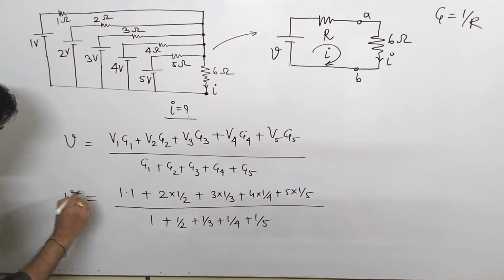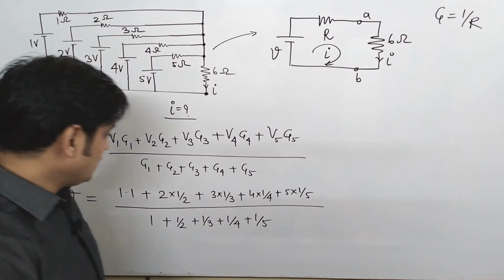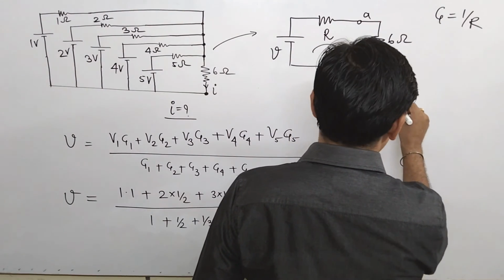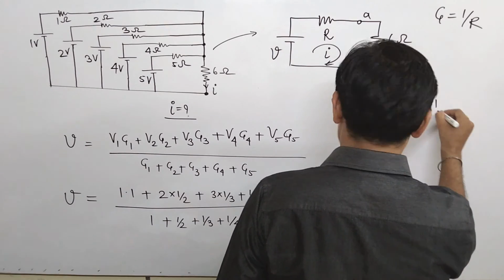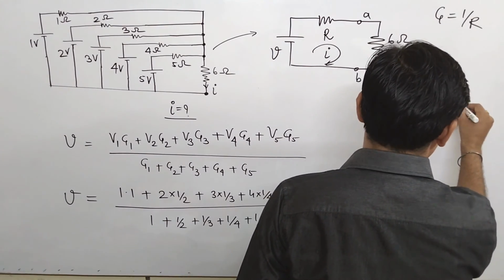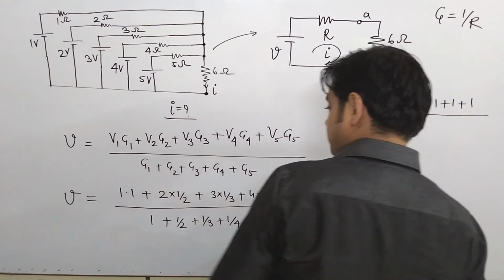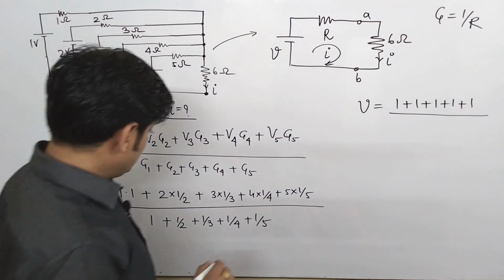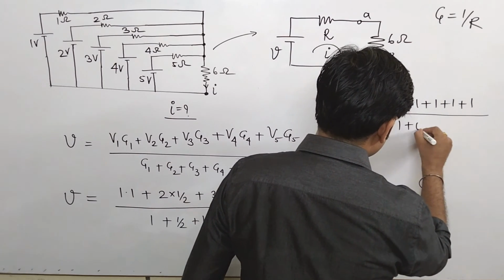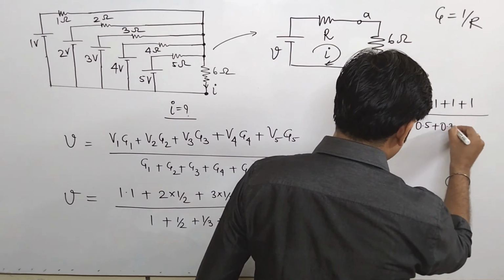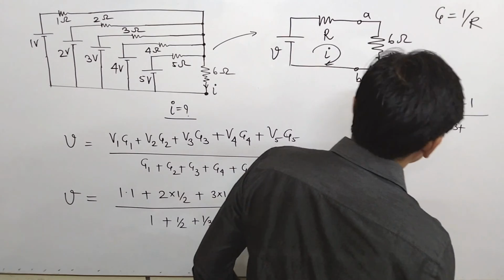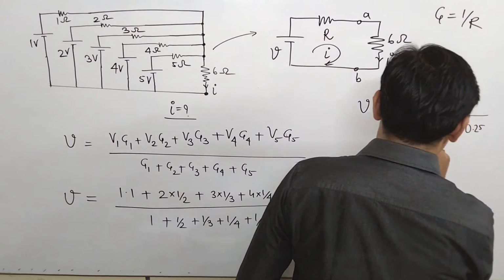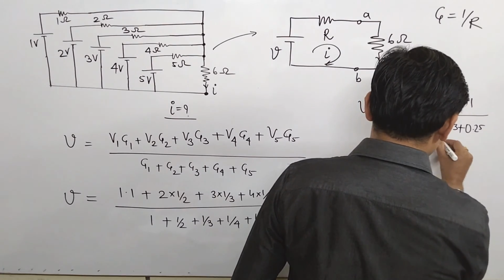So this is basically the value of V. We will find what it is. You can directly write here the value of V is 1 plus 1 plus 1 plus 1 plus 1, five times, upon 1 plus 0.5 plus 0.33 plus 0.25 plus 0.2.